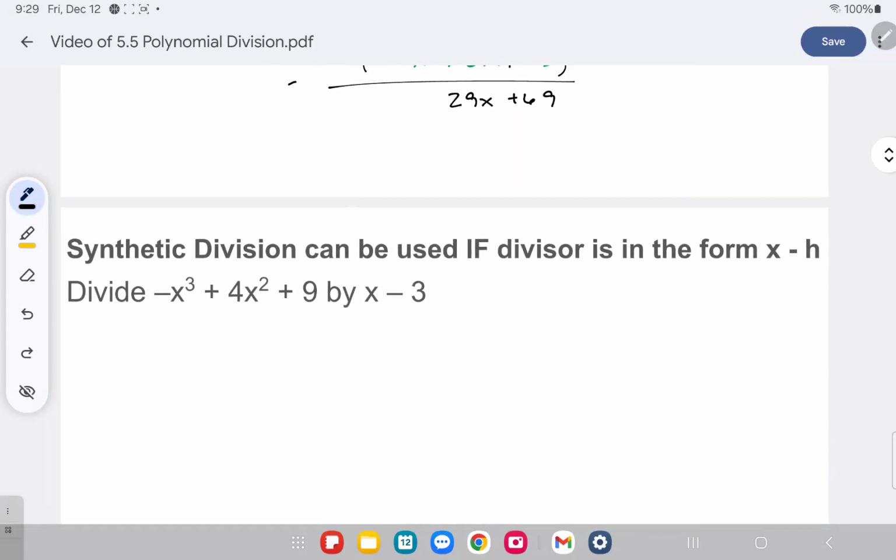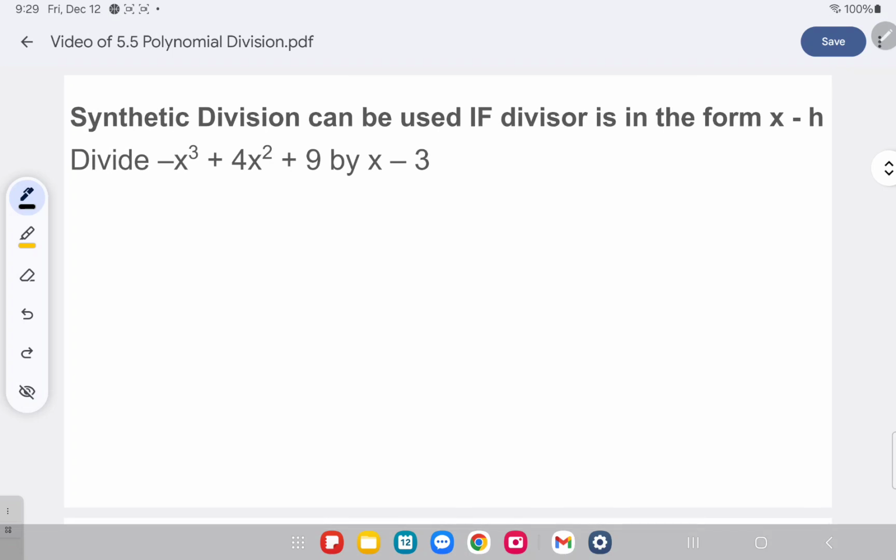There's also synthetic division with polynomials, which is way, way, way easier. However, it can only be used if our divisor is in the form x minus a number or x minus h. So it could be x plus a number. So x minus 3, this is a candidate for synthetic division. We want it to be linear, and we want there to be no leading coefficient.